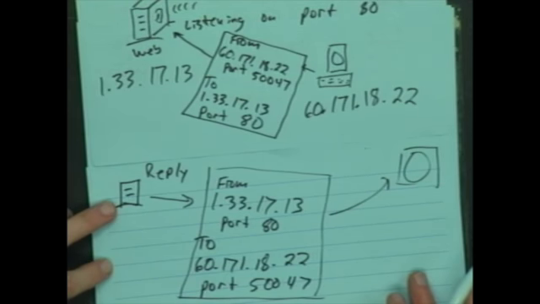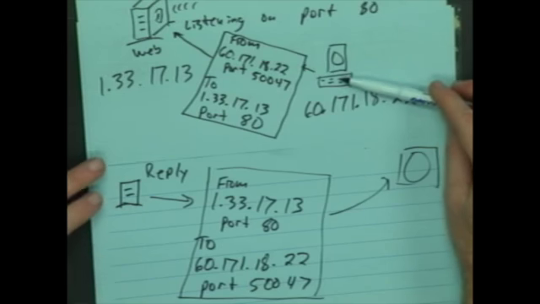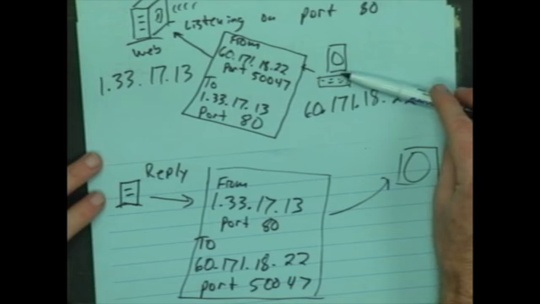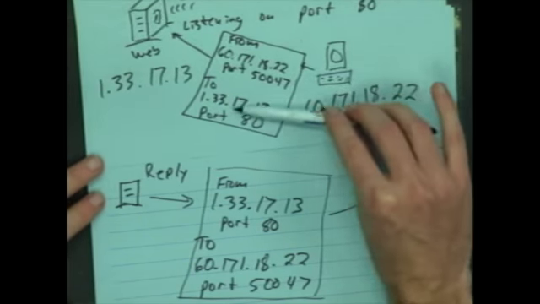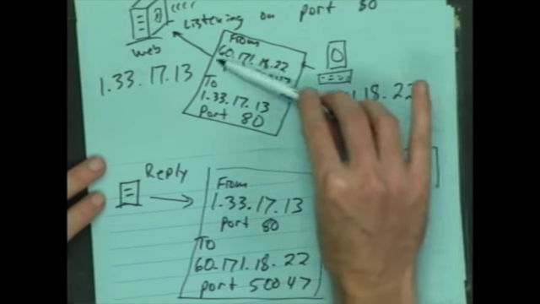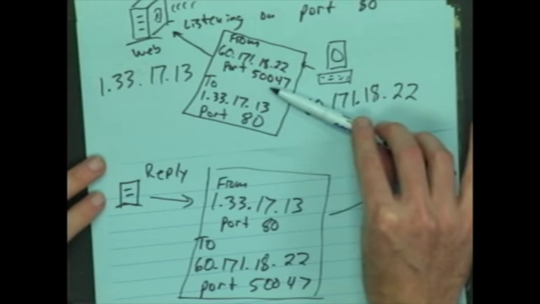All right? So we walk through it again. When I open the web browser, by default, web servers are on port 80 anyway. So when I'm just using my web browser, I type in, say, cnn.com and get their IP address. My computer sends a packet. It picks a random number for its source port.